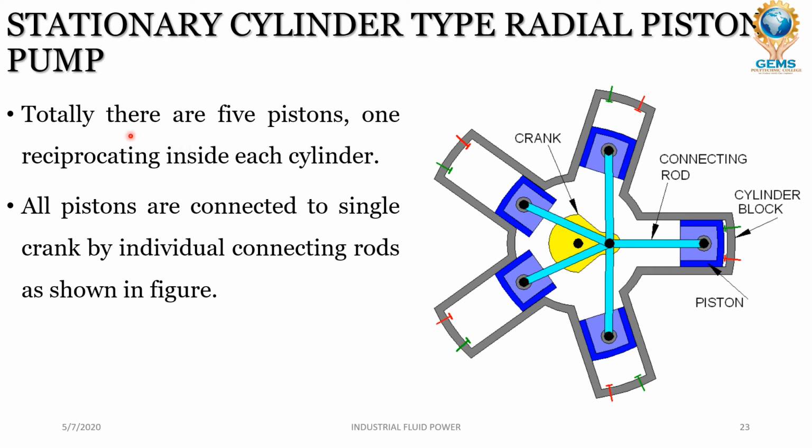There are 5 pistons, one reciprocating inside each cylinder. All these pistons are connected to a single crank by individual connecting rods. So this is a single crank, with individual connecting rods connecting all 5 pistons.